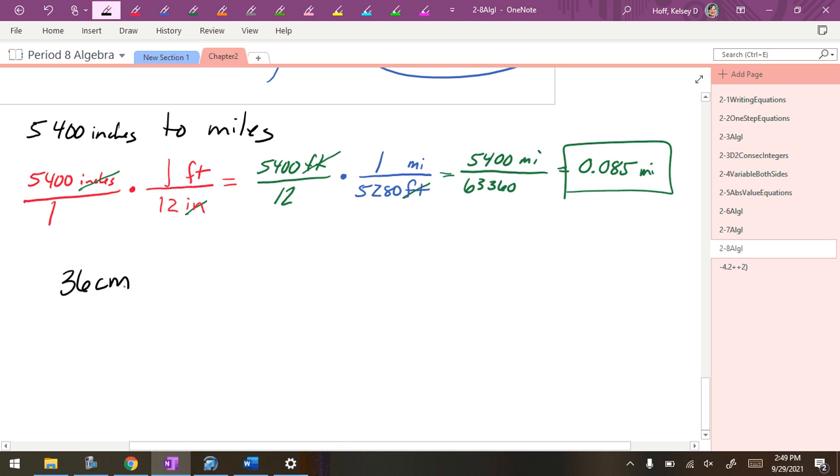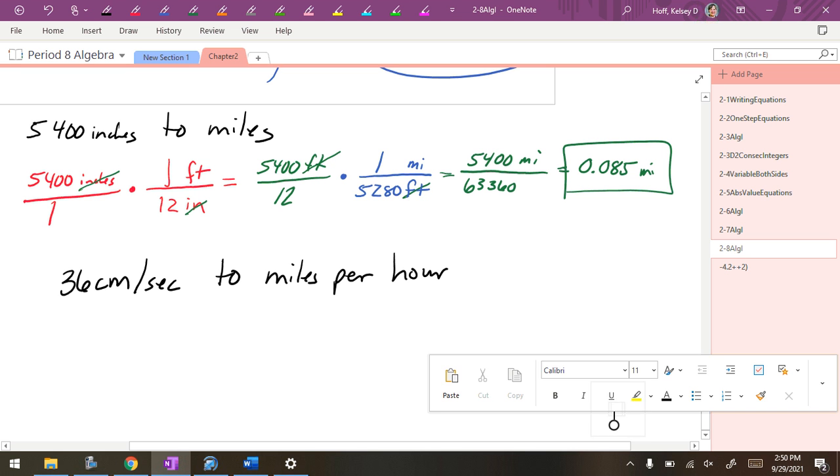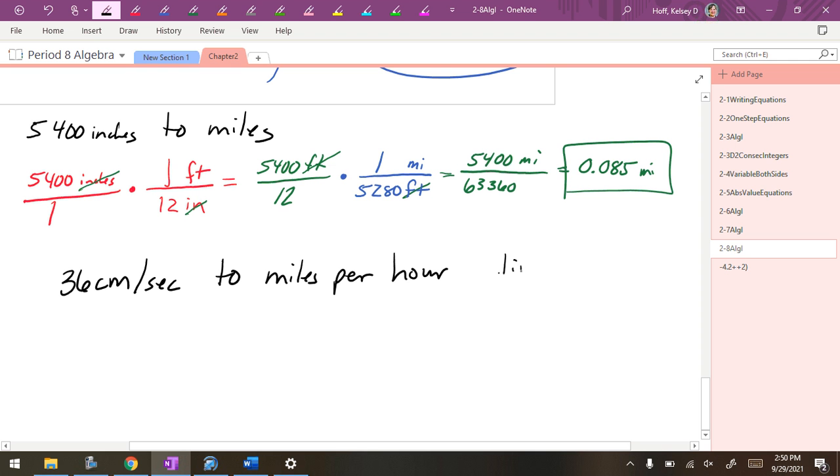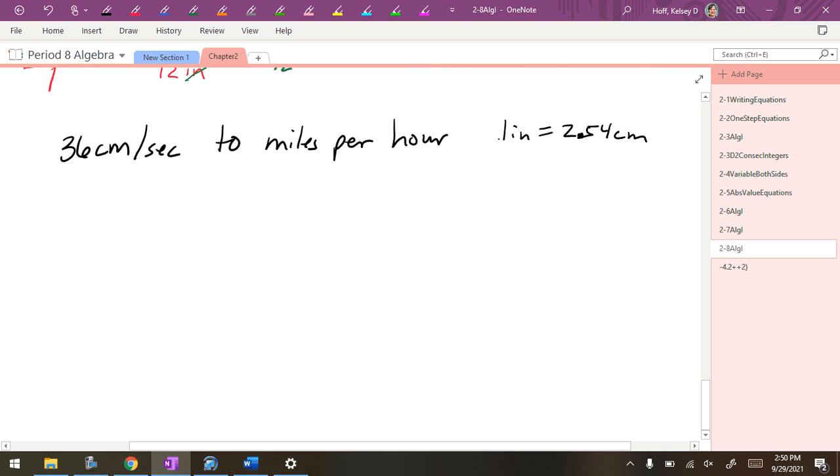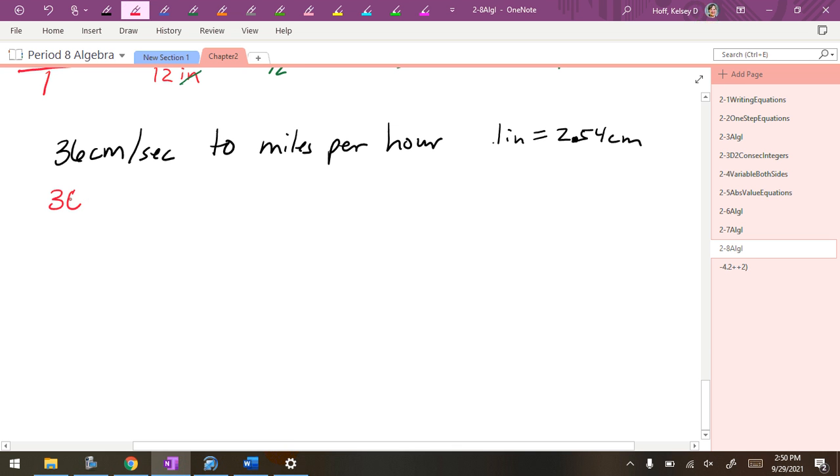36 centimeters per second to miles per hour. One inch equals 2.54 centimeters. 36 centimeters for 1 second.